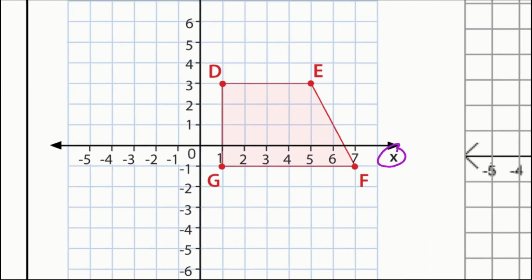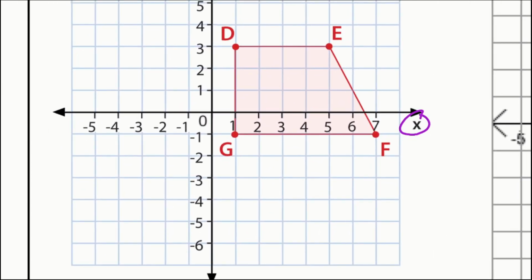So D is 3 units above that x-axis, so it should be 3 units below: 1, 2, 3 units below that x-axis. So that is where D prime would be located. E is 3 units above the x-axis, so it should also be 3 units below that x-axis.